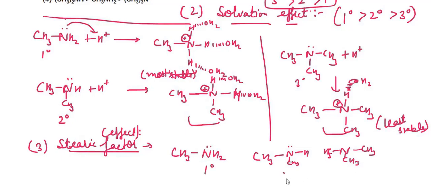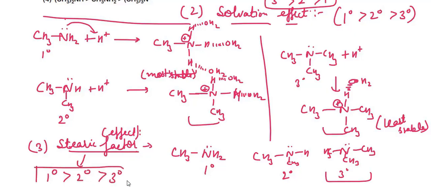The compound which is more sterically hindered will not easily give its lone pair to the H positive ion, which means basicity is less. So the more the steric hindrance, the less the basicity. According to the steric hindrance factor, the order of basic character should be primary, secondary and tertiary. The least sterically hindered will show more basic character.